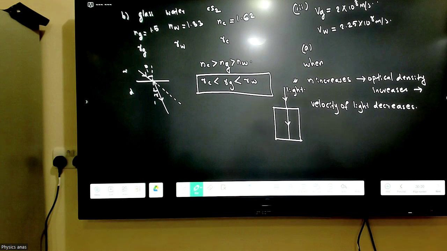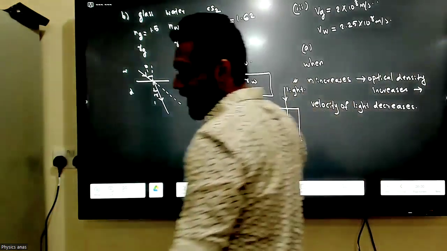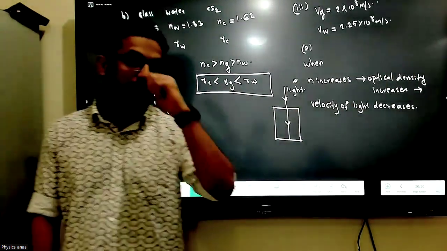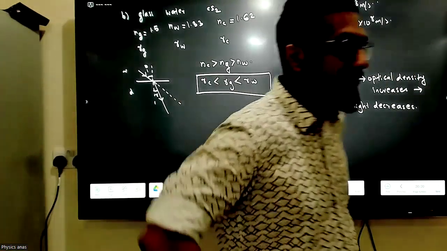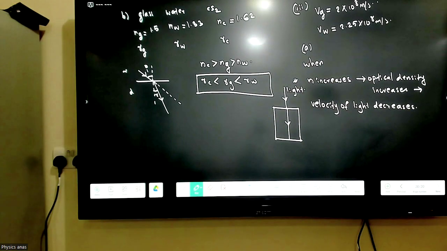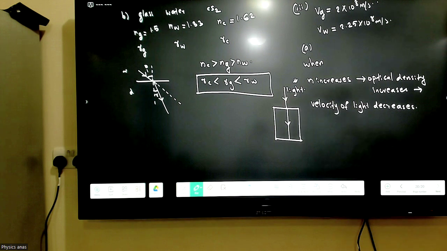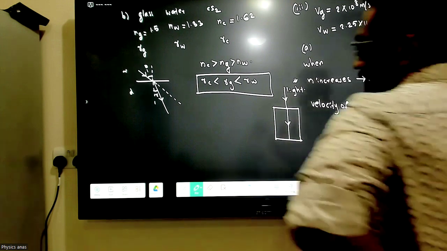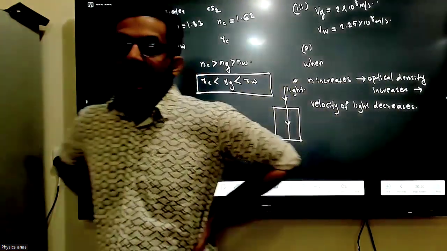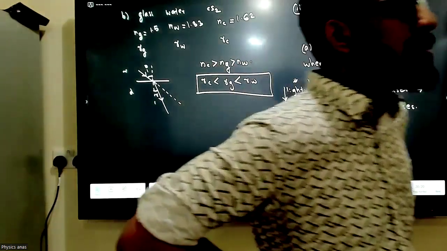Make the question correct, otherwise you will be confused. When the light ray enters a medium normally from another medium, it will pass through the medium without refraction.